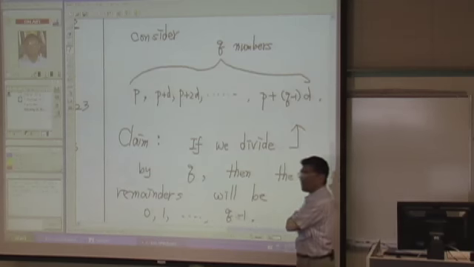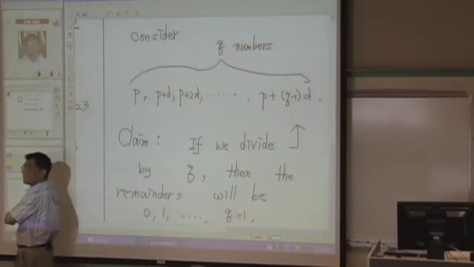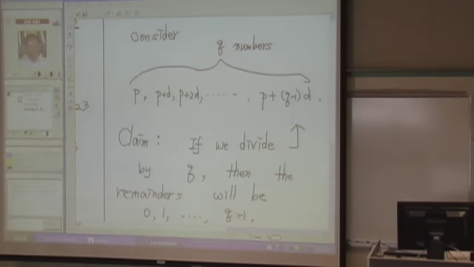So this is the claim that I want to prove. So there are total Q numbers.